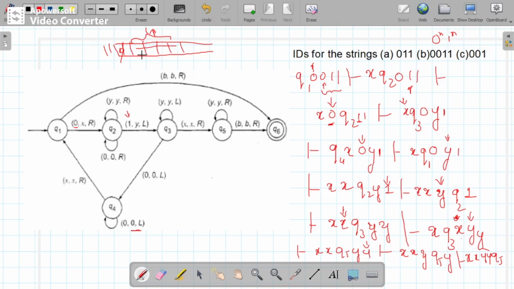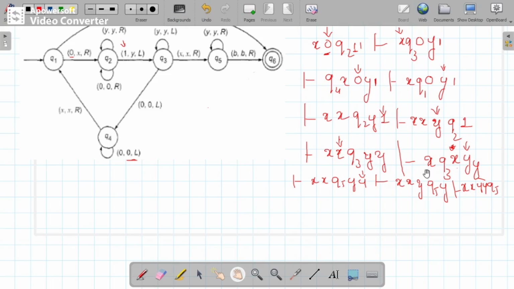So that's why we can consider q5 on b. So q5 on b is b, b, r goes to the q6 state. q6 is the accepting state. So we can consider this as b. So q5 on b goes to the q6 state. q6 is the accepting state.